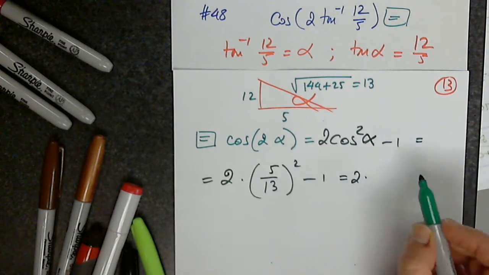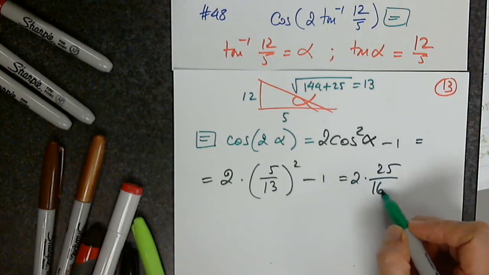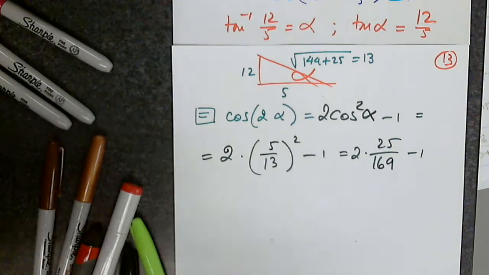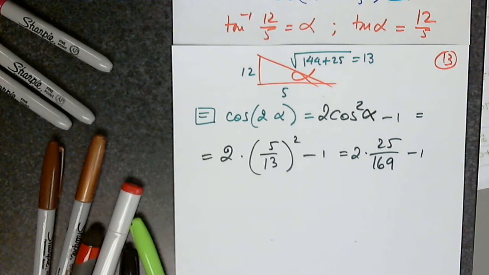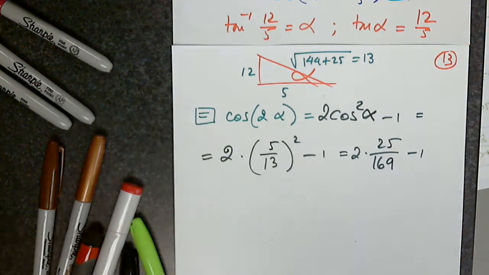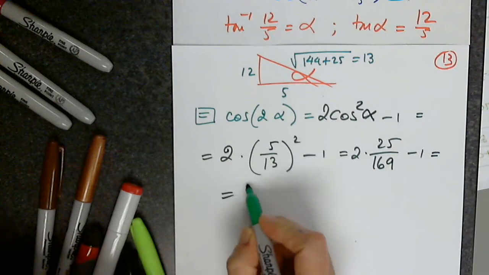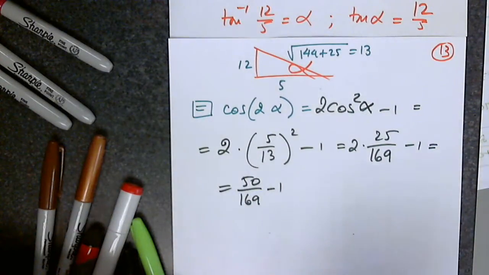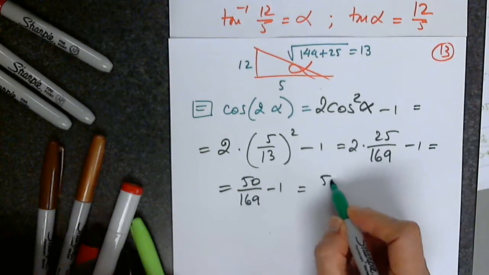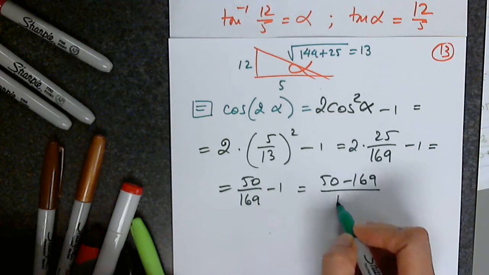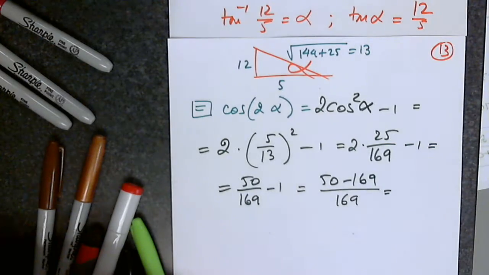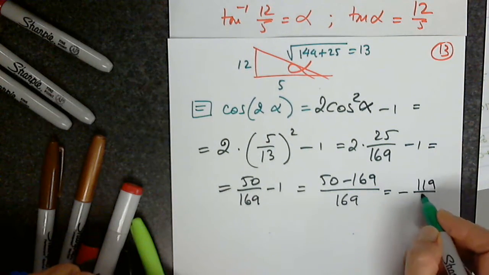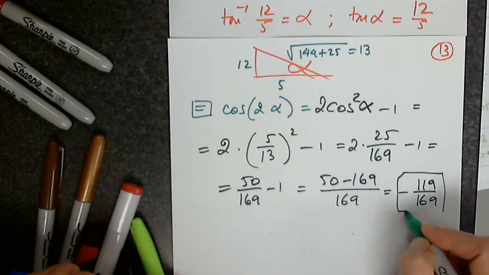So this is 2 times 25 over 169 minus 1. So 5 squared, 13 squared, and then this is 50 over 169 minus 1, which is 169 over 169. So 50 minus 169 over 169. I perform the top and I get negative 119 over 169. And this is the final answer.